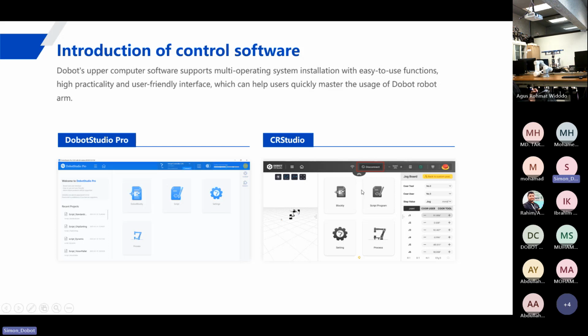It cannot be downloaded from our website for iOS. You can search for CR Studio on the Apple App Store. And you need to know that we don't have software compatible with the Mac system now.